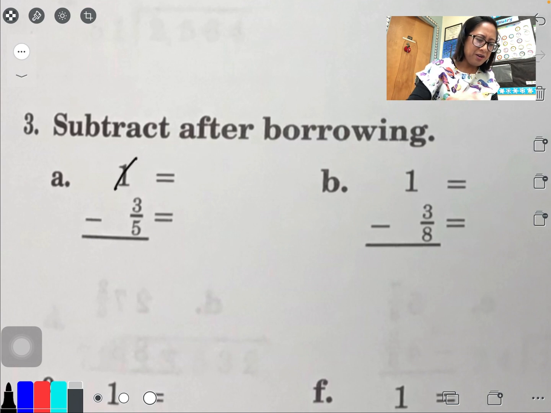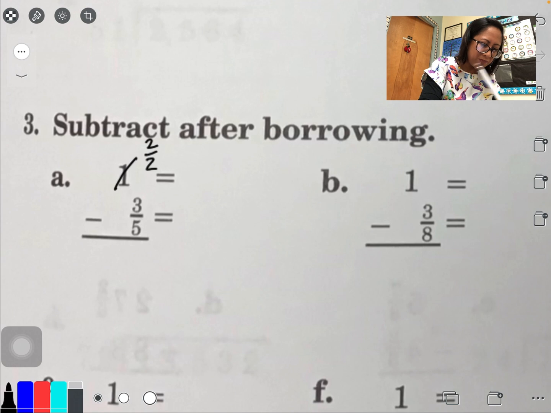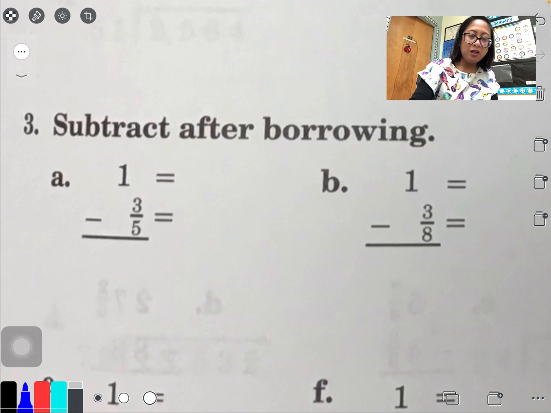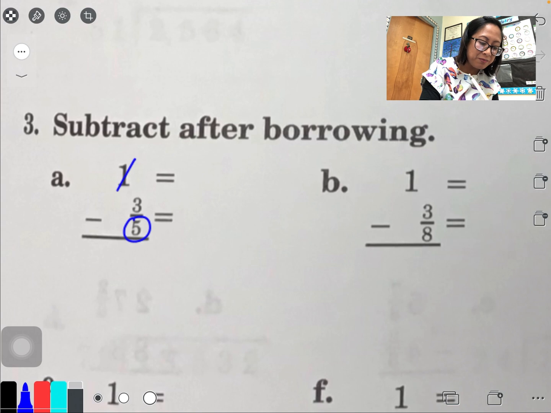That doesn't make sense because my denominators are different. They need to be the same. So I'll borrow from the 1 and make a fraction that's equal to 1 but also has the same denominator as the subtrahend.